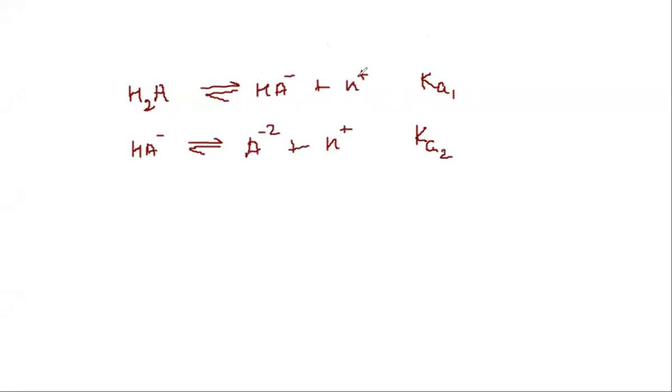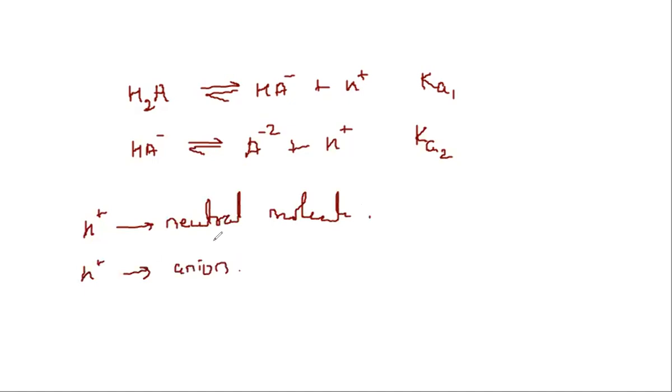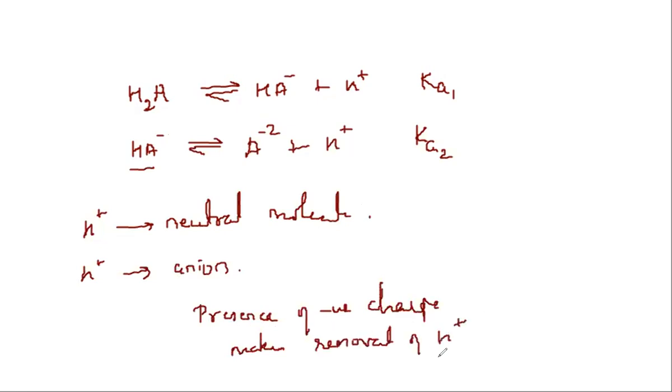If you look here, in the first step, H plus ion comes from a neutral molecule. While in the second step, H plus ion is coming from an anion, a negatively charged ion. The presence of this negative charge makes removal of H plus ion difficult.